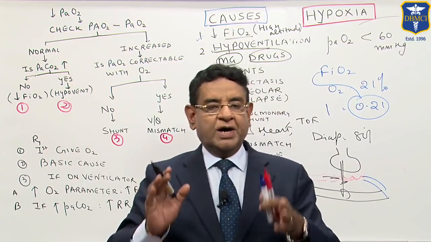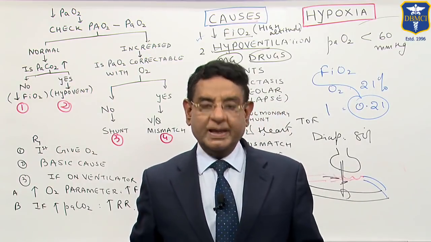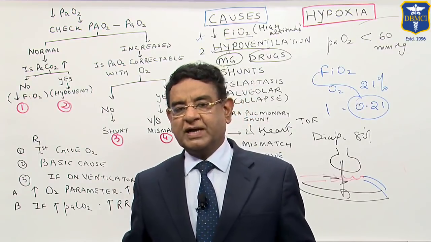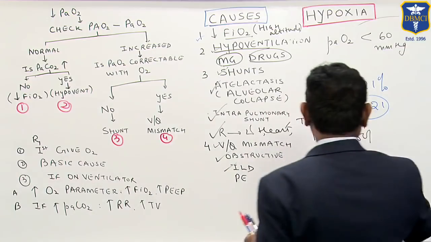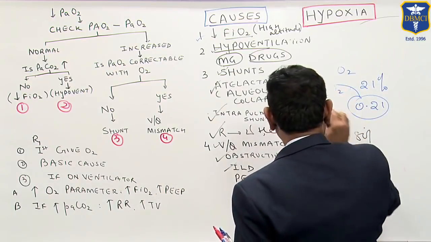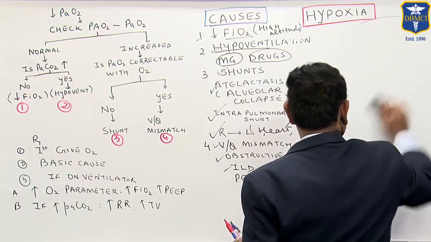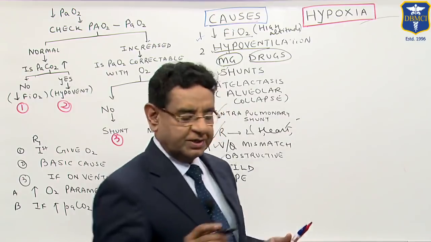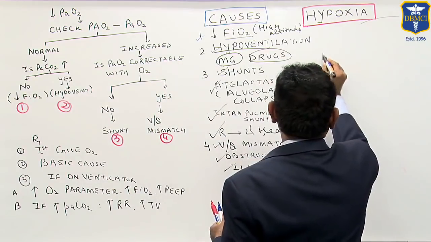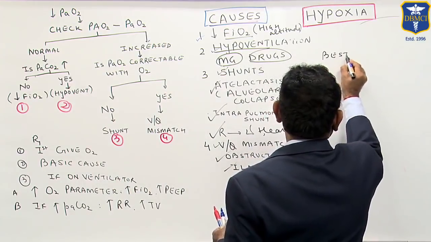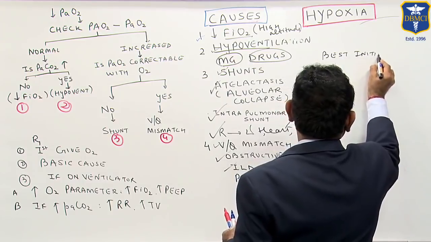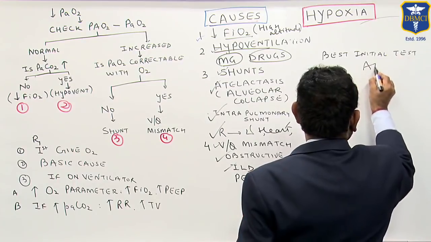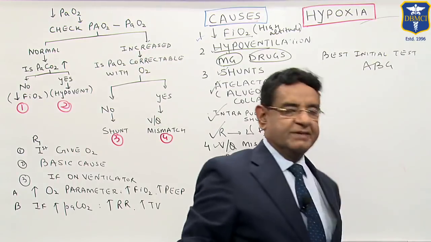Now how to approach a case of hypoxia? We have one patient who is coming with hypoxia, how to approach? For any hypoxic condition, the best initial test is always arterial blood gas analysis, ABG.